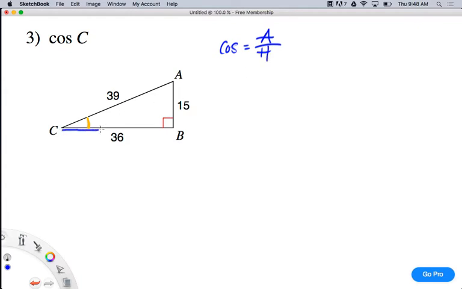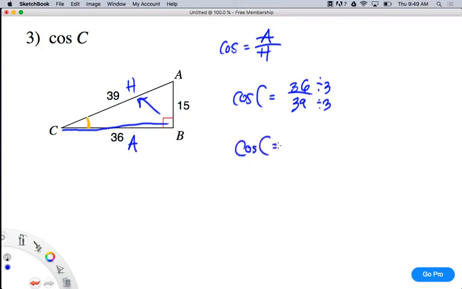So here's my adjacent side, and here's my hypotenuse. So the cosine of C is simply the adjacent, which is 36, over the hypotenuse, which is 39. Now, am I done, or is there another step I can do? Reduce. What's the reducing factor? Good. I simplify by dividing by 3, exactly, and I get cosine of C equals 12 over 13.